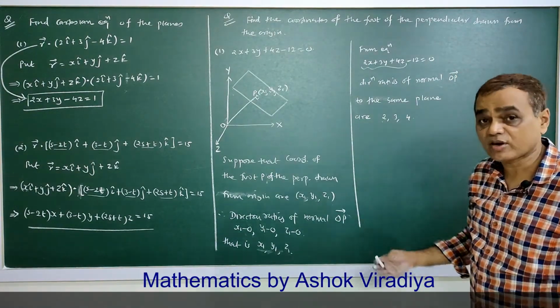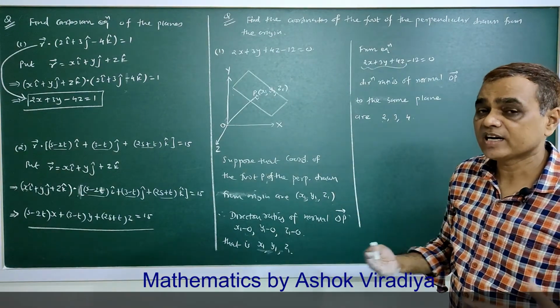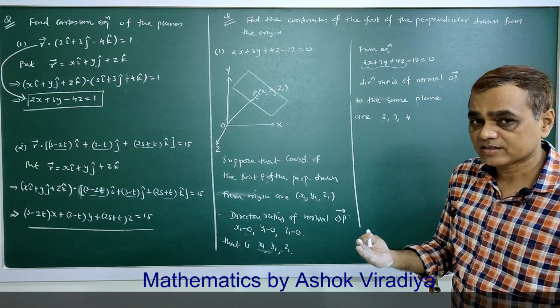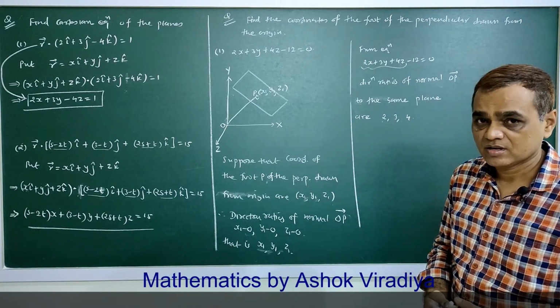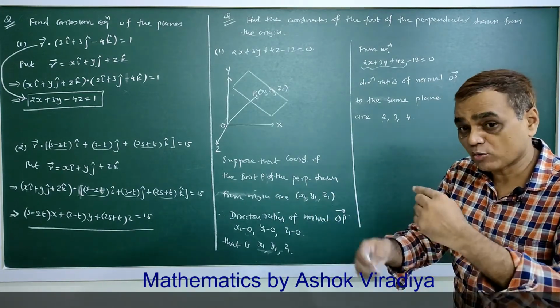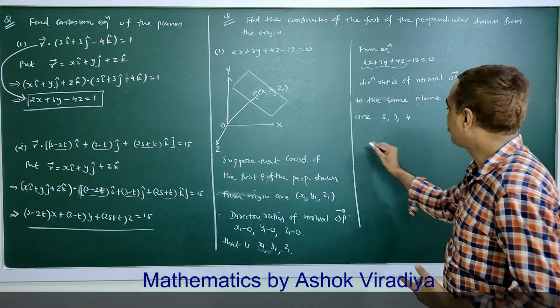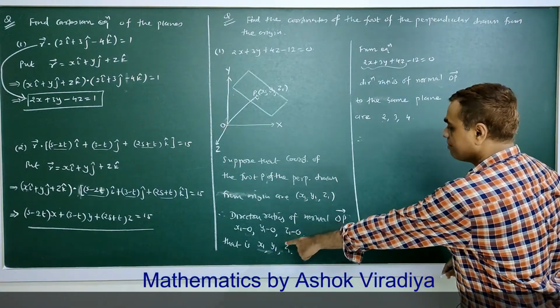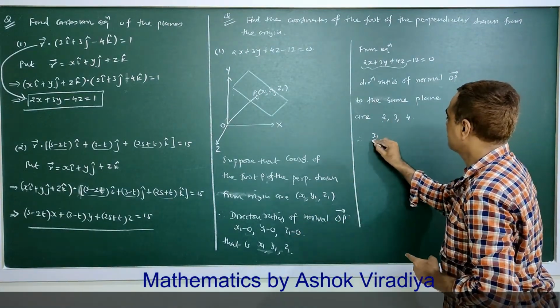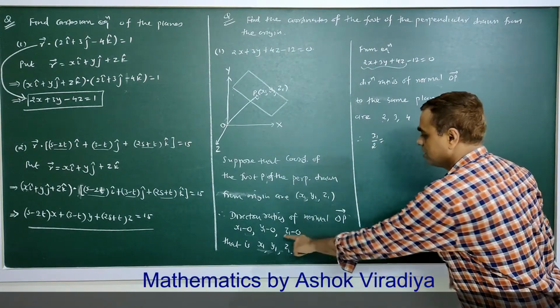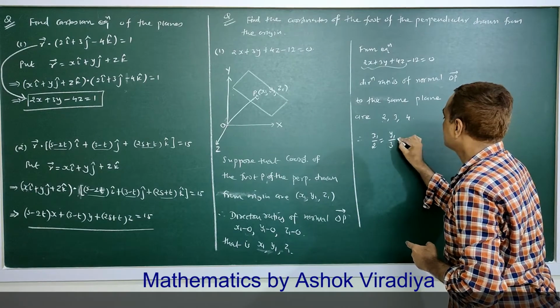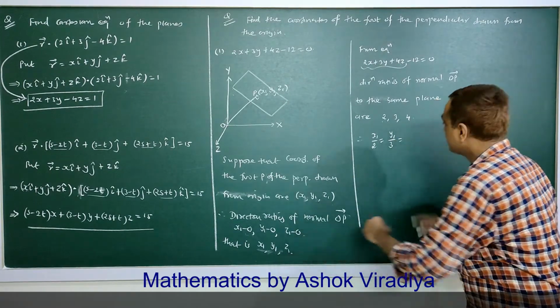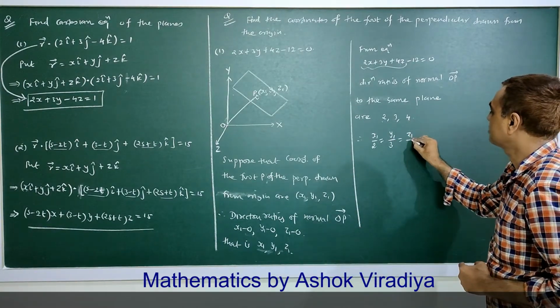For every vector we can write infinitely many sets of direction ratios, but all these triplets are in proportion. So therefore x1 upon 2 equals y1 upon 3 equals z1 upon 4.